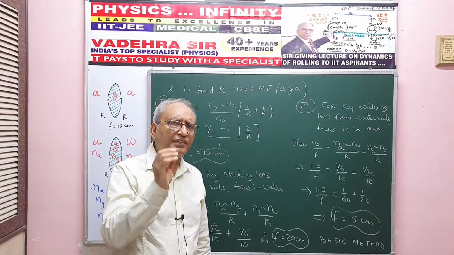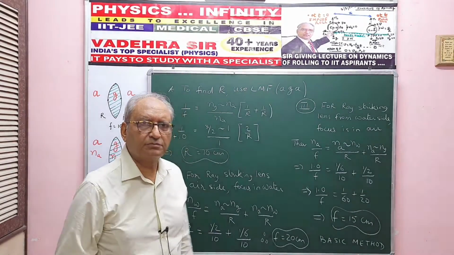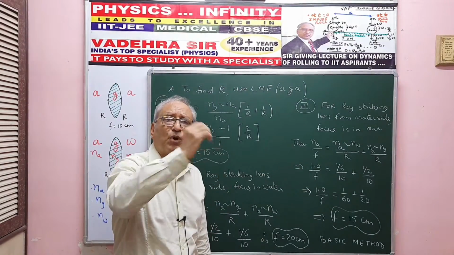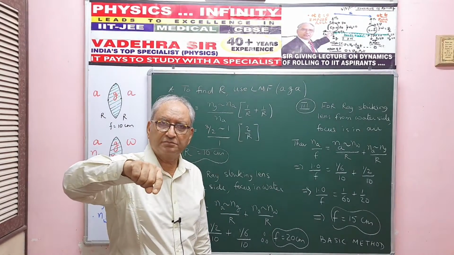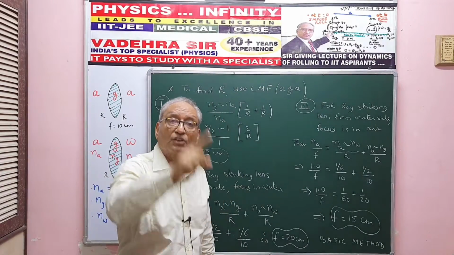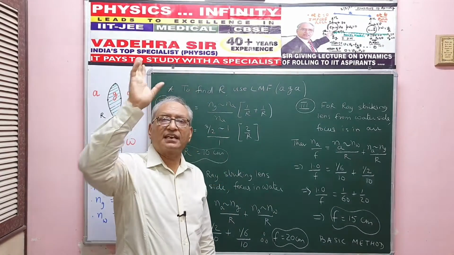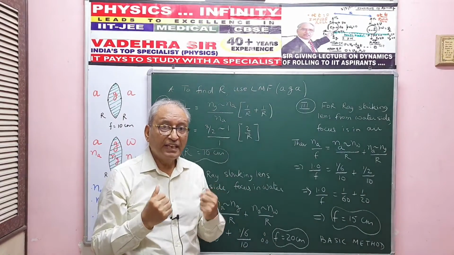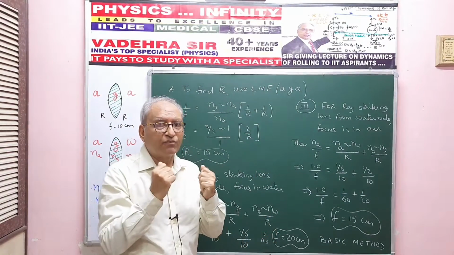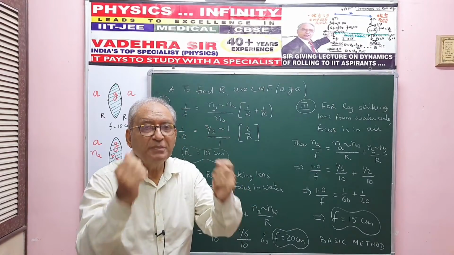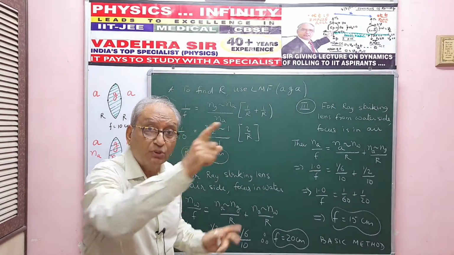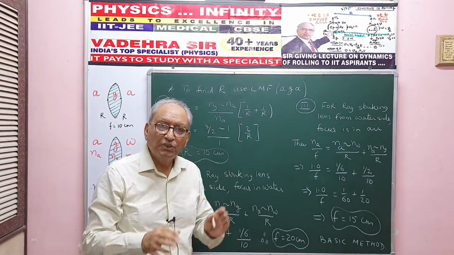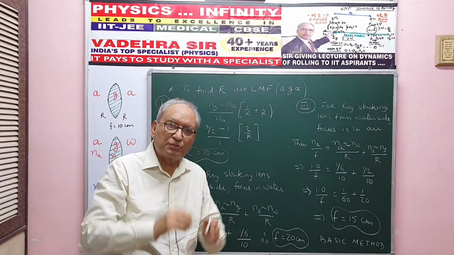Think of the definition of principal focus. The principal focus of a lens is that point on the principal axis where rays incident on the lens parallel to the principal axis meet or appear to meet. If they meet, it's a real focus. If they appear to meet, it's a virtual focus. You could do this problem by first principles.